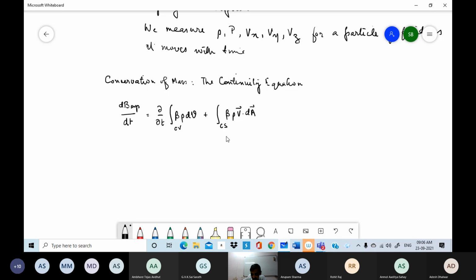So if it is an uniformly expanding system, so the system boundary will expand. So let's say we have no inlet, where it's only expanding outwards. So let's say I have a control volume like this, and I have outward velocity everywhere.